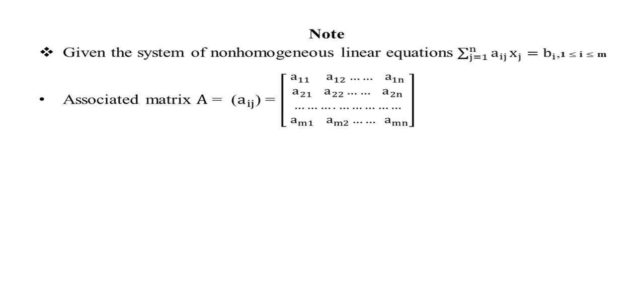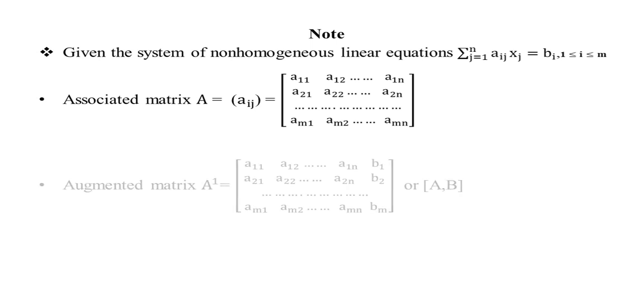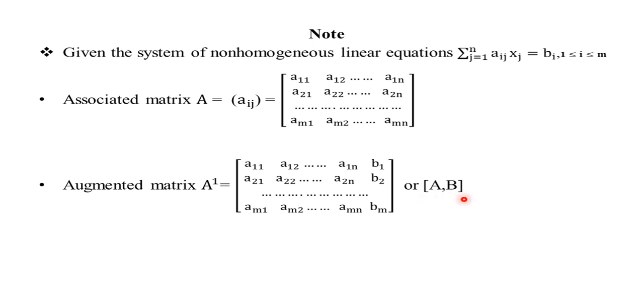Now, the augmented matrix A dash of this system is also denoted like this, that is matrix A comma B, which is the matrix a11, a12, etc. a1n, b1, a21, a22, etc. a2n, b2, am1, am2, etc. amn, bm.